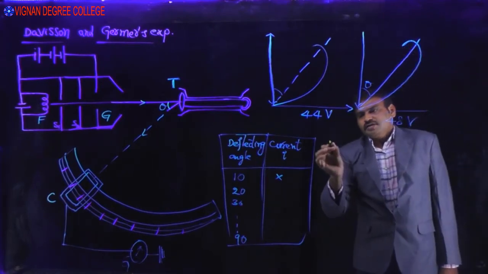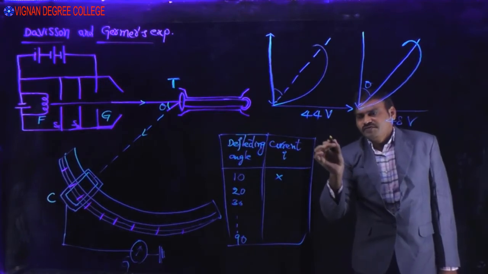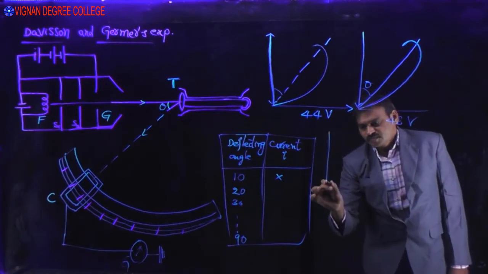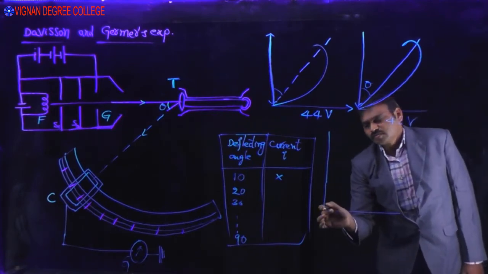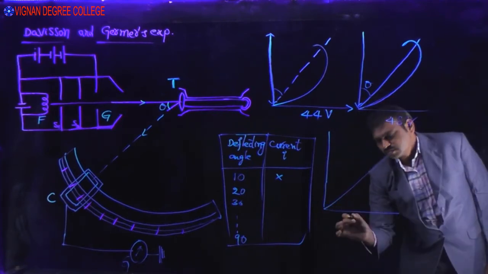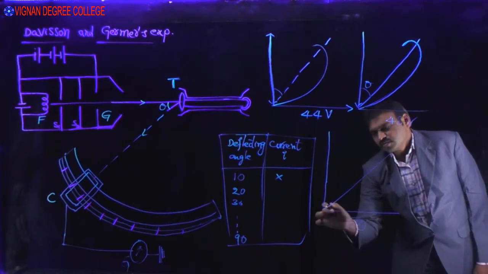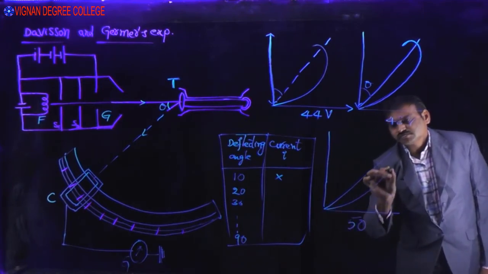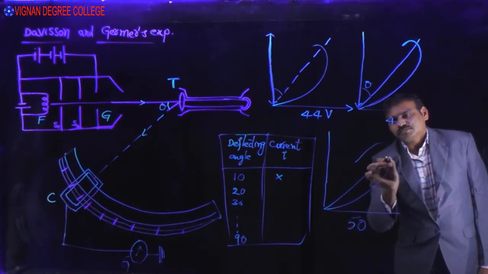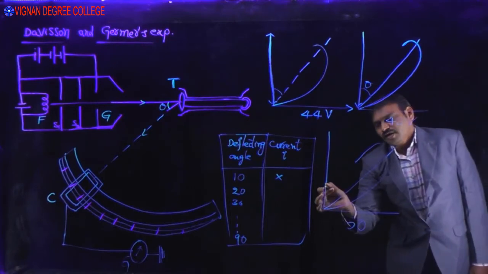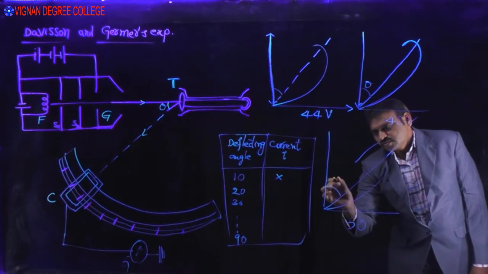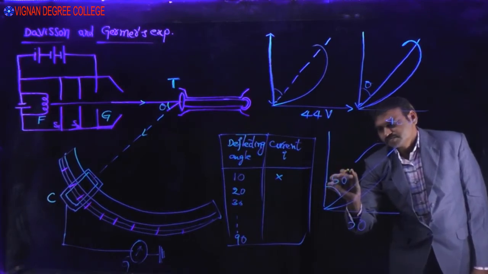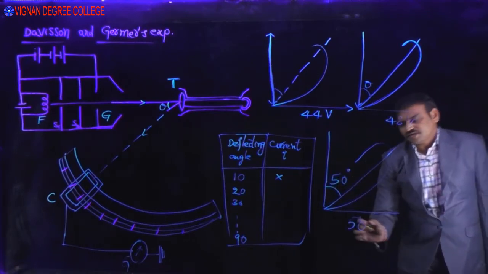And if it is conducted at 50 volts, and 50 degrees, the graph is like this.